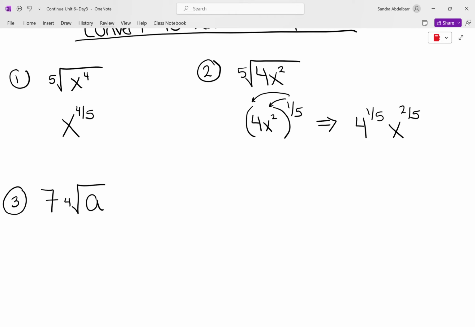Are we taking the 4th root of 7? No. So this is just 7, then a raised to the 1/4. That 1/4 is only on the a. It's not going to the 7. How does that differ from this?